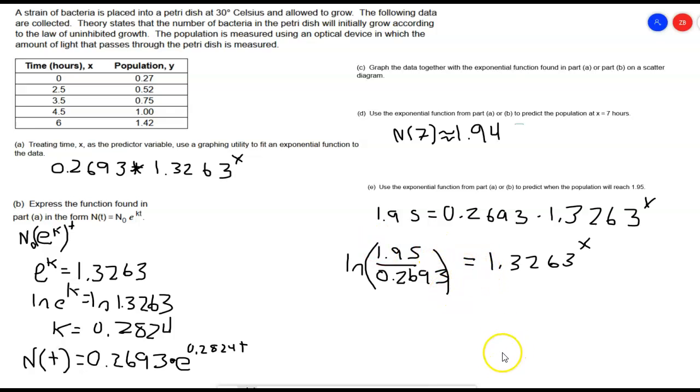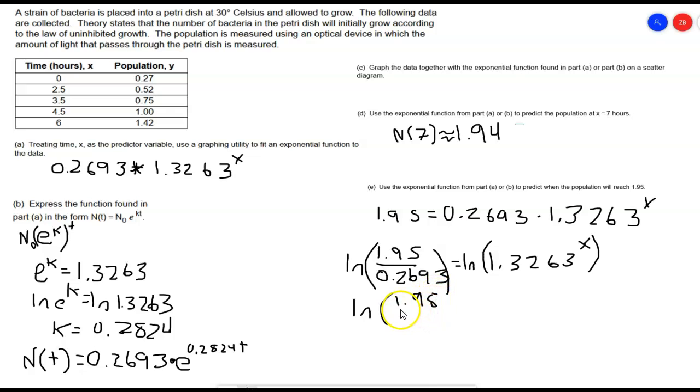That allows me to take the x in the exponential position and put it out in front of the natural log.